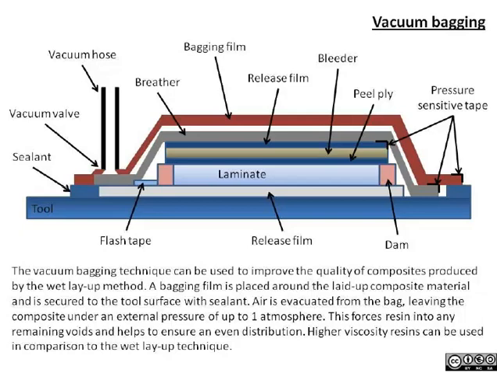The bleeder cloth prevents that vacuum bag from pinching down, and it ensures that the entire cavity is evacuated, so we effectively have 1 atmosphere of pressure being applied to the entire assembly during its cure.